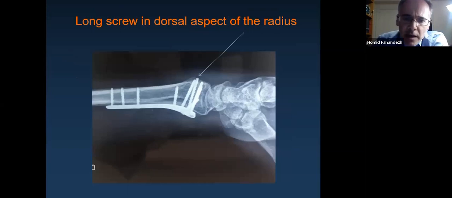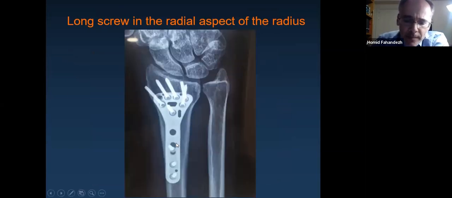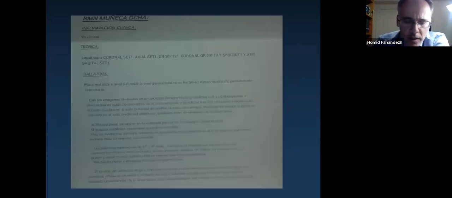This was the lateral view of the X-ray, and this is the AP view of the X-ray, and you can see how in both there are long screws. The patient came with an MRI, and the only thing it says is that there is a tendinosis, degenerative irritation of the tendons inside of the first extensor compartment, but they didn't say anything about an EPL rupture.